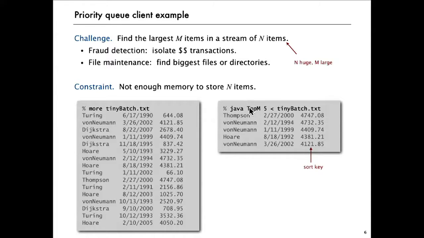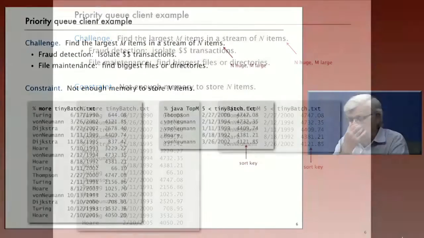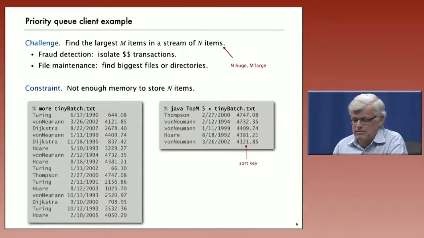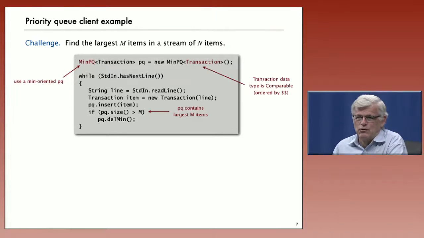So we're going to look at a client program called TopM that takes a command line argument, how many, in this case it's going to say 5, and then it's going to take the transactions from standard input, and it'll print out the top 5. That's a canonical example of a priority queue client. We need to design a program that can do that. With the priority queue abstraction, that's not too difficult to do.